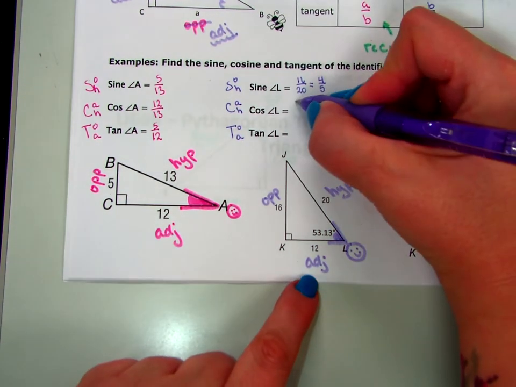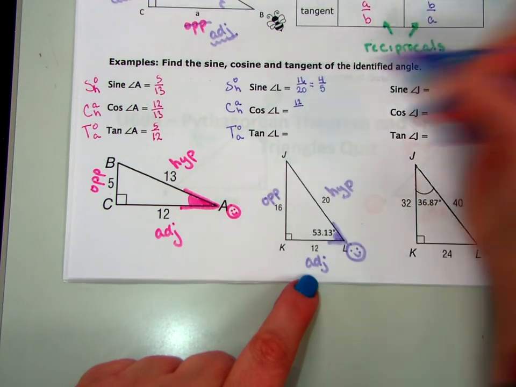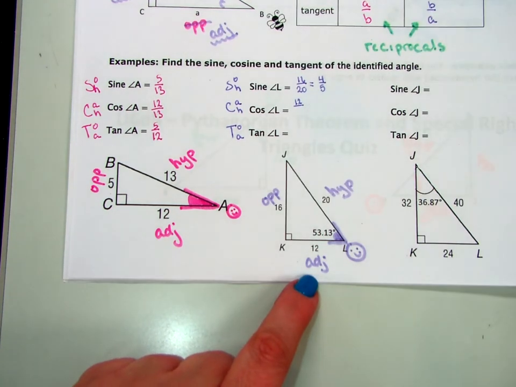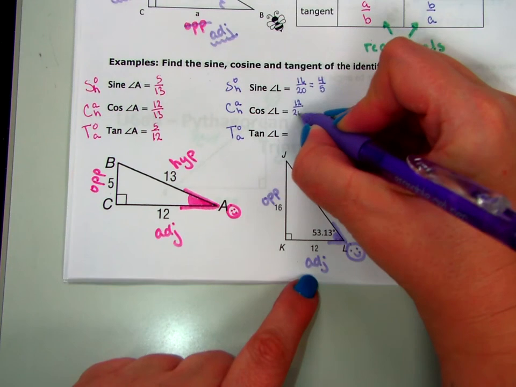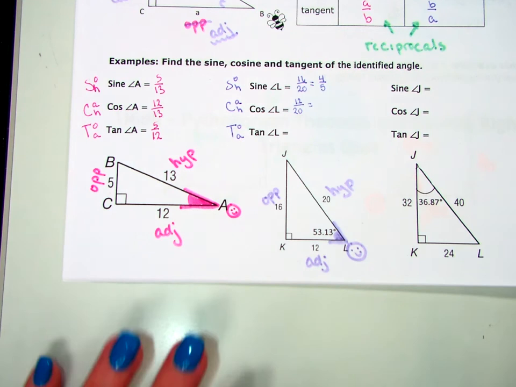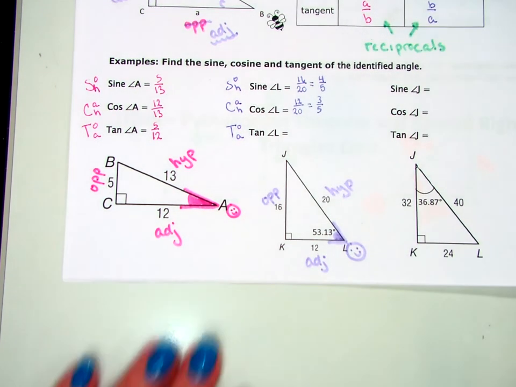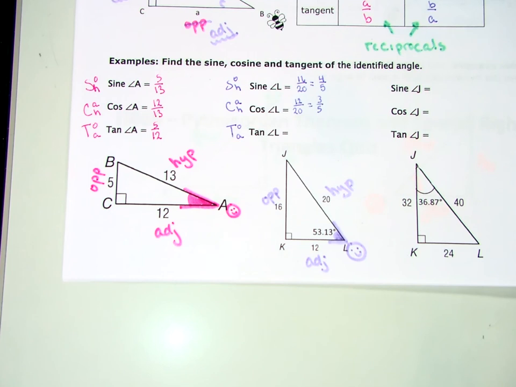Cosine is adjacent over hypotenuse, CAH. So my adjacent is 12 over my hypotenuse, 20. Does that reduce? Yes, to what? 3 to 5?